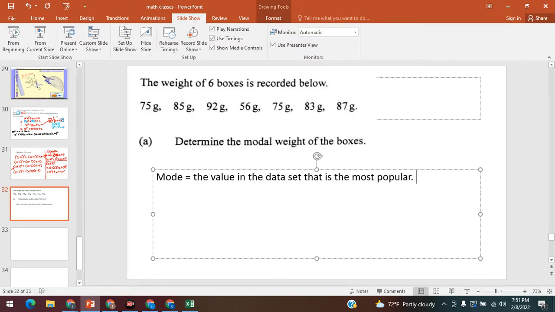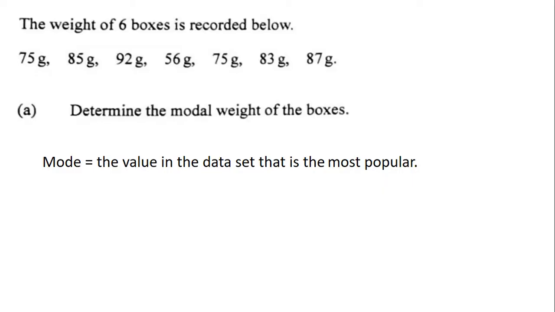Well, what if you have more than one? You could have more than one, and if you have two modes, we say the data set is bimodal. If you have 3 modes, we say the data set is trimodal, and so on. But usually for these sort of questions, they try to keep it at 1.